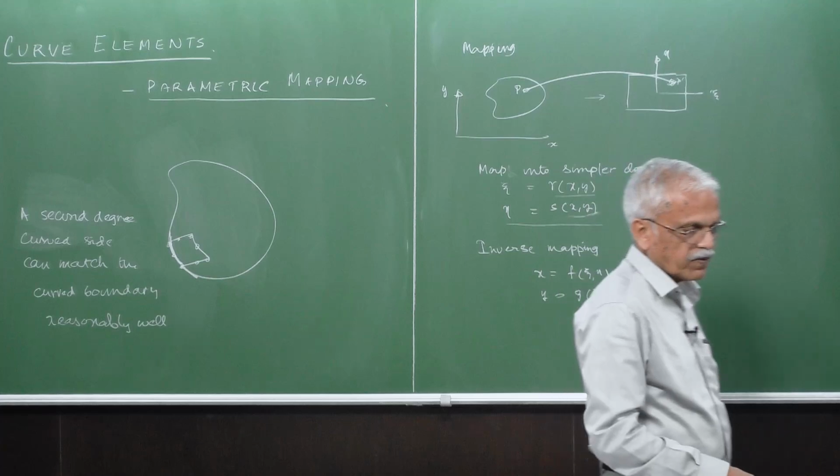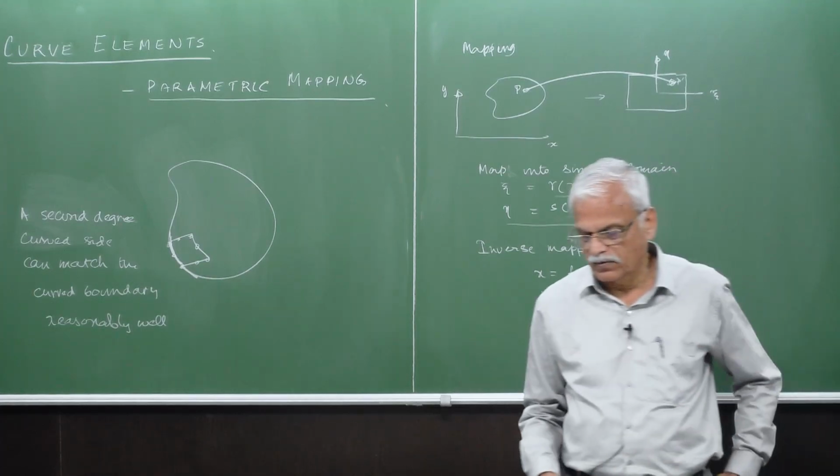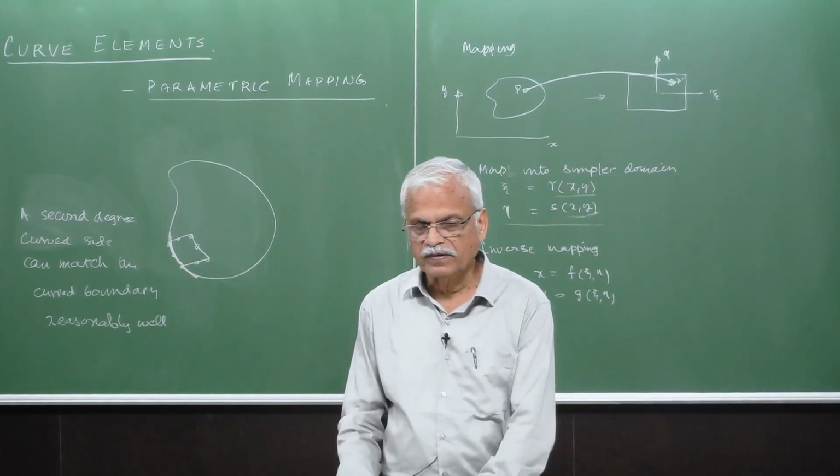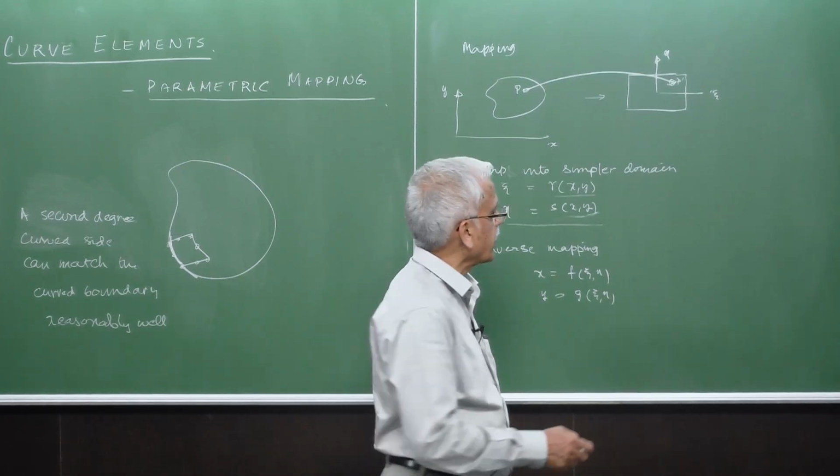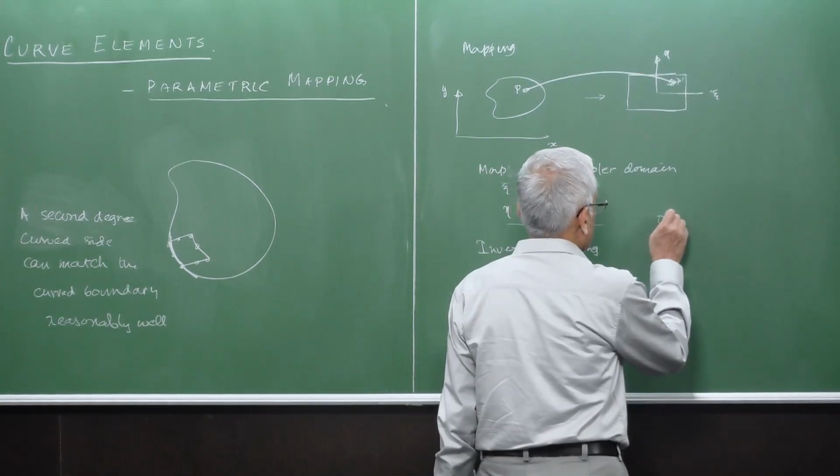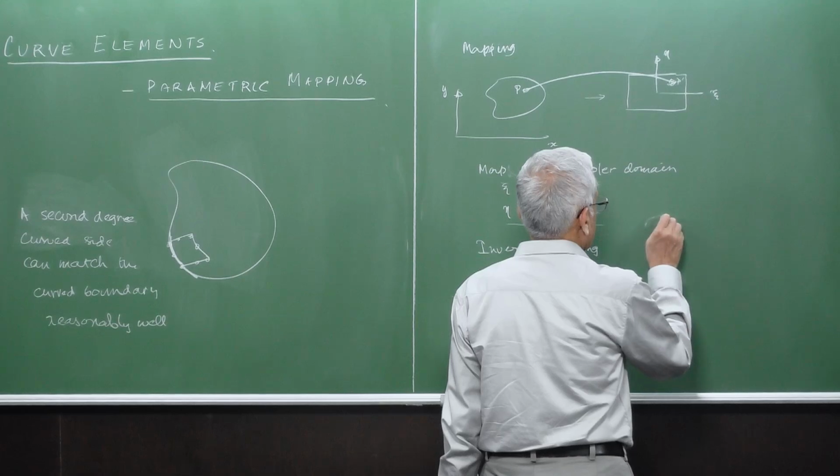This is the inverse mapping. It's very important whenever you do this kind of mapping, geometric mapping or any other function mapping, that the mapping has to be 1 to 1. That is a necessary condition.